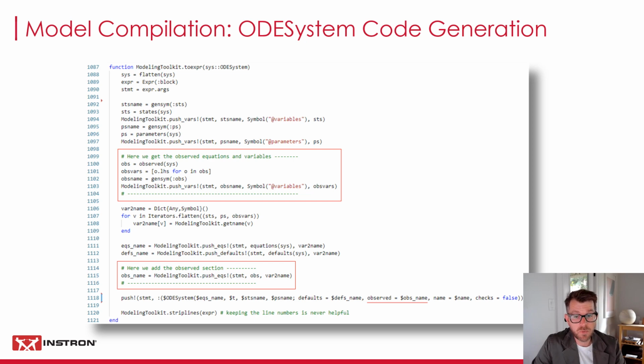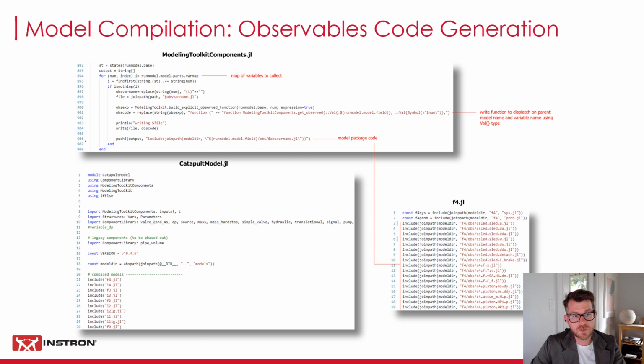So step one to serializing the ODE system, we need to include the observables in this serialized ODE system, which I do as shown here with this included code. So then we need to serialize the observables themselves. I did this by applying the build explicit observed function and then doing a string manipulation to the function's signature.